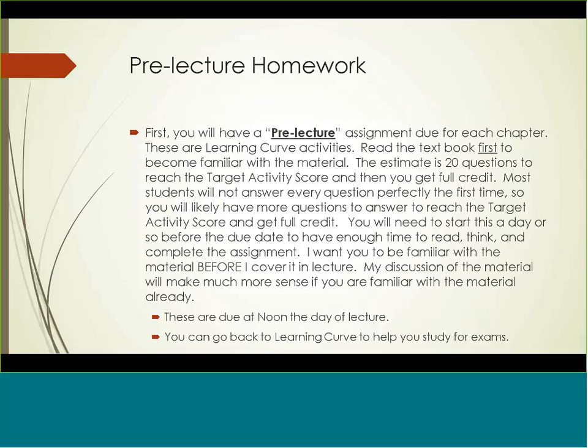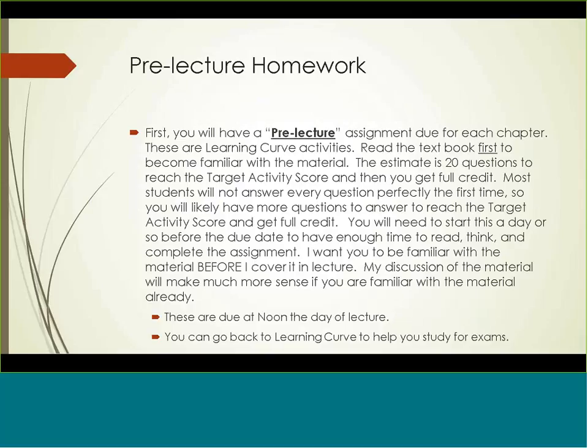I'll talk first about my pre-lecture homework, and then I'll talk about my post-lecture homework. So this, again, is from my syllabus. The pre-lecture assignment is due for each chapter. They're learning curve activities, and the idea is to read the textbook first to become familiar with the material, and then to do the pre-lecture assignment.